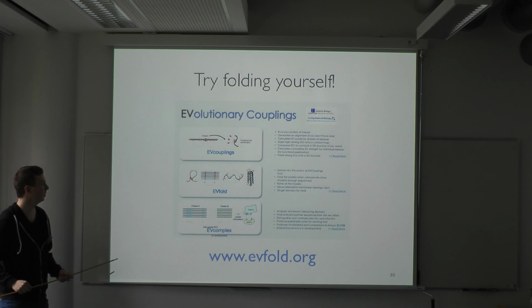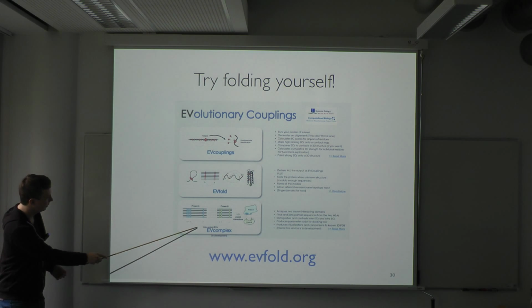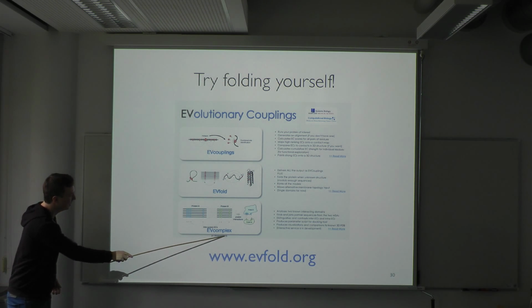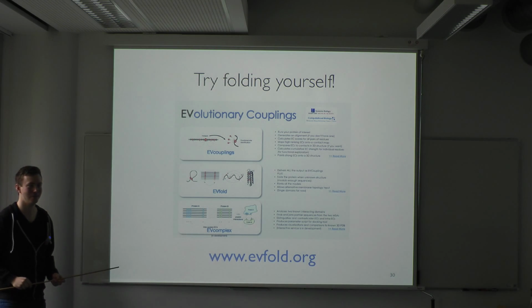If you want to try it, you can just use a protein where the answer is known, and you get all the same type of analysis I just showed you with the gray dots underneath the colored dots. And there is this other thing for the complexes, which is called EV complex, which you can't read here. It says under development, which will hopefully come in the next month, but that's still to be done.